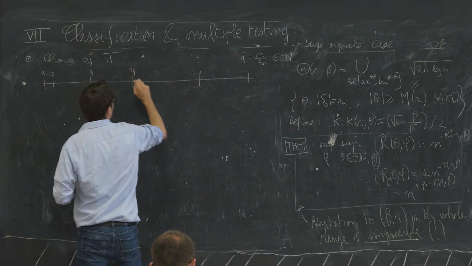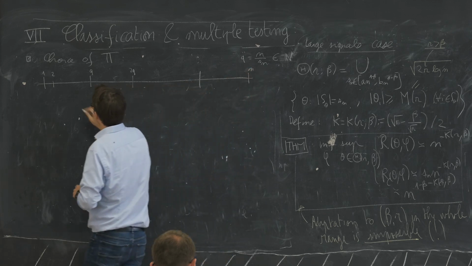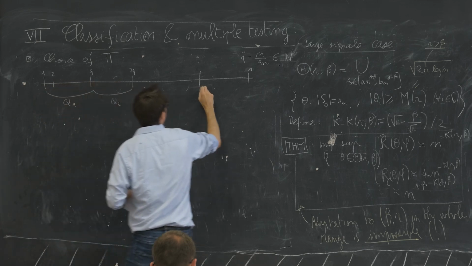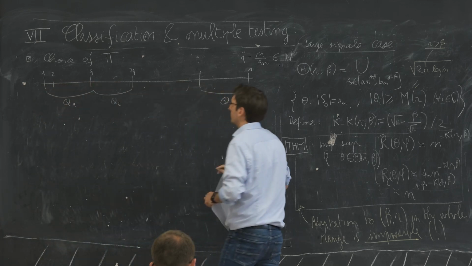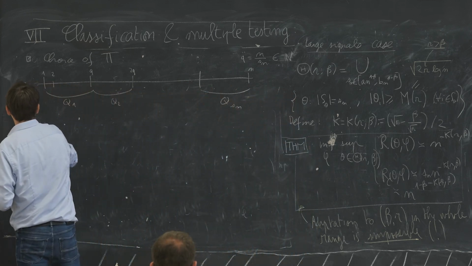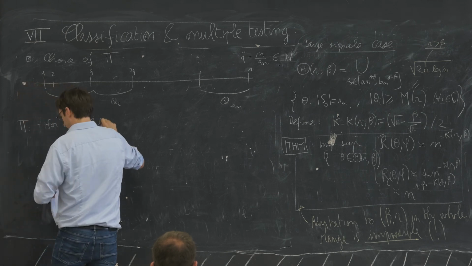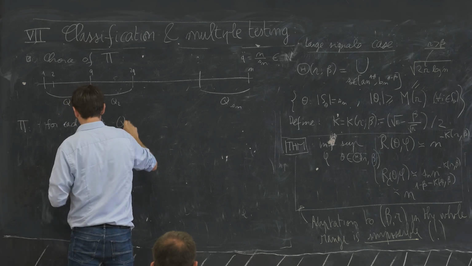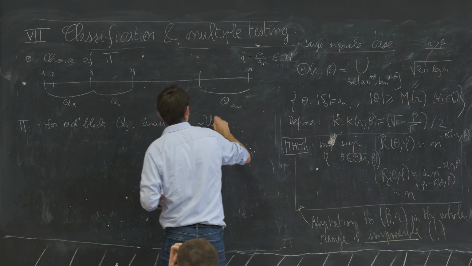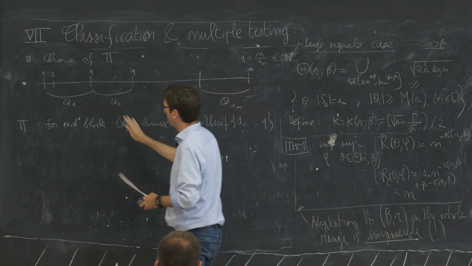Okay, so if I take q, and here I have n. And so I have blocks here, q1, q2, etc., qSn. I have Sn blocks, and the prior is simply, for each block qj, I draw an integer ij uniformly in 1 to q.